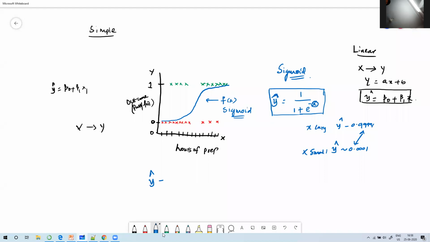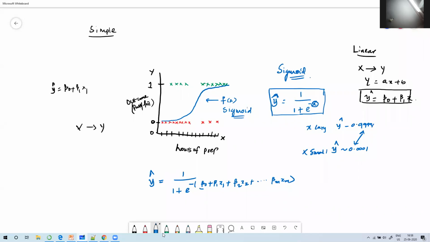So for logistic regression, the prediction of y hat is given by 1 by 1 plus e to the power of minus (beta naught plus beta 1 x1 plus beta 2 x2 plus so on up to beta m xm). So this is going to be the equation.